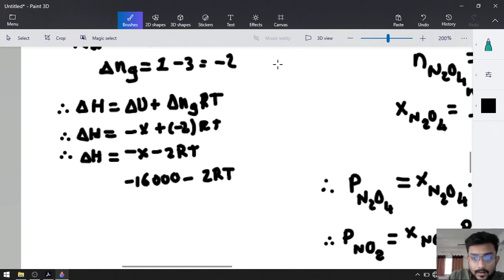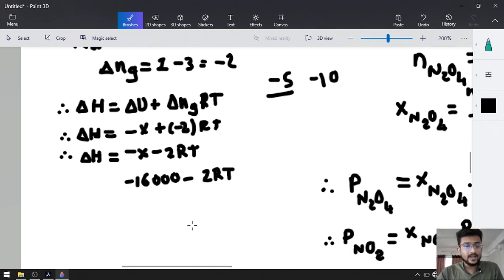Okay, suppose you have minus 5 and minus 10, which is the bigger number? Obviously minus 5 is the bigger number. You have studied that in maths. Now look at this. If you calculate this, your answer will be less than minus 16,000. So if suppose it is minus 16,000, the delta H value will be, suppose, minus 17,000. Look at this, which value is bigger?